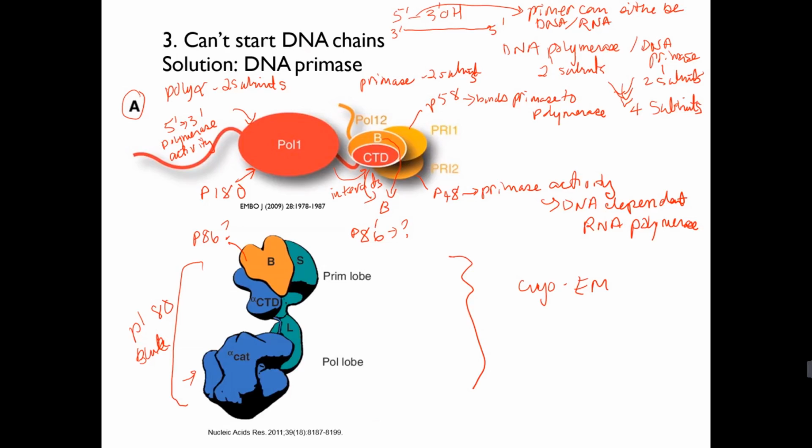The primase is located in green. You can see the P48 at the top, that's the DNA-dependent RNA polymerase, and then P58 down here, which is making extensive contacts with P180, kind of bridging the small primase subunit to the polymerase. Okay, so that's the structure of DNA primase.